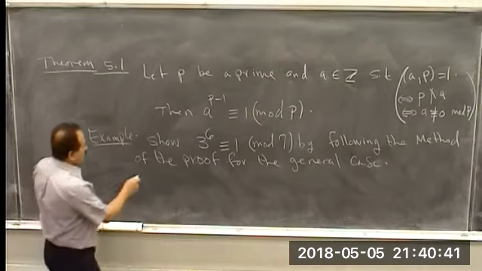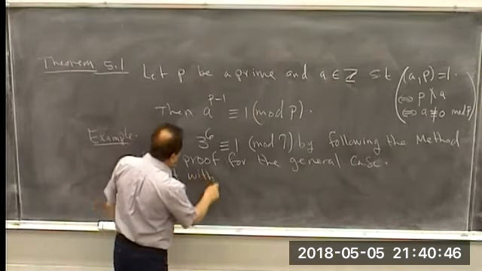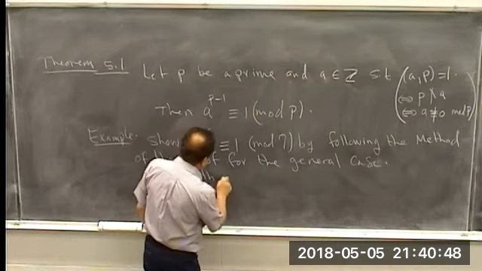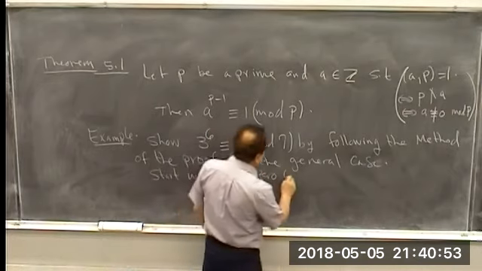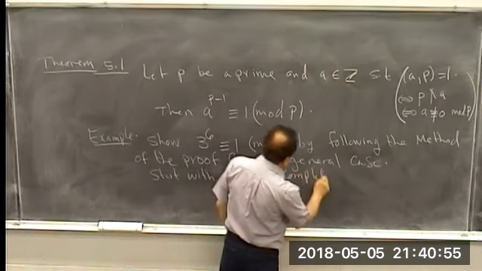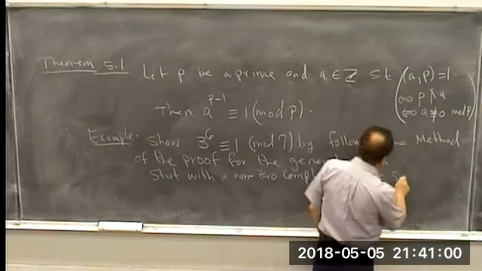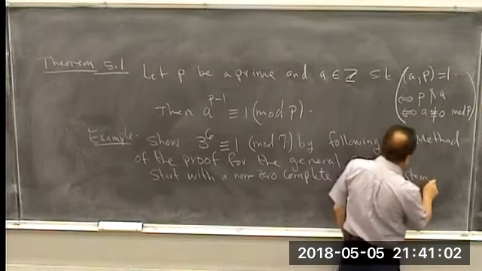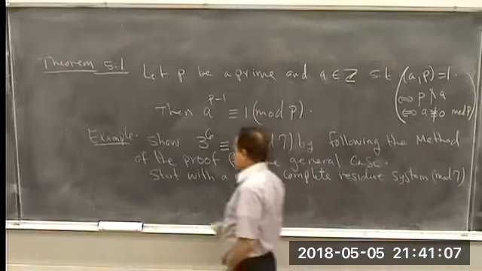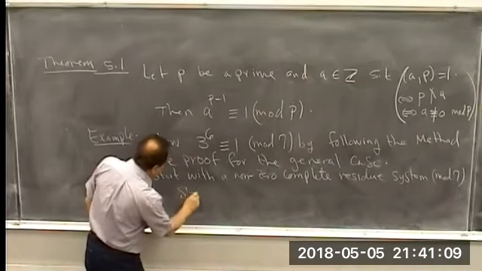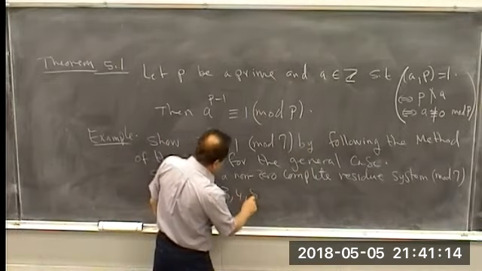So we're going to start with a non-zero complete residue system mod 7 that consists of S, I'm going to put it 1, 2, 3, 4, 5, and 6.